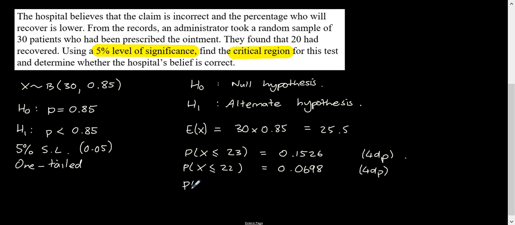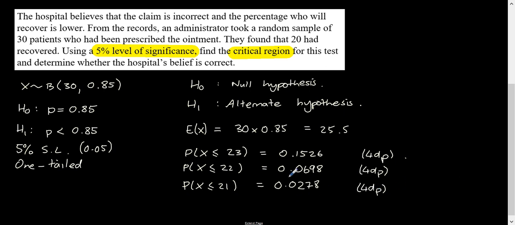We keep going. And this is a case of trial and improvement. We'll learn a faster way to answer some of these questions in the 3rd lesson, but for now, we're using trial and improvement. So we'll go x is 21, and we get 0.0278, again to 4 decimal places.